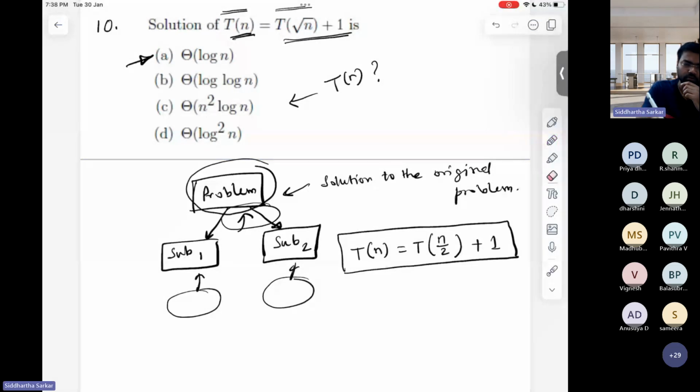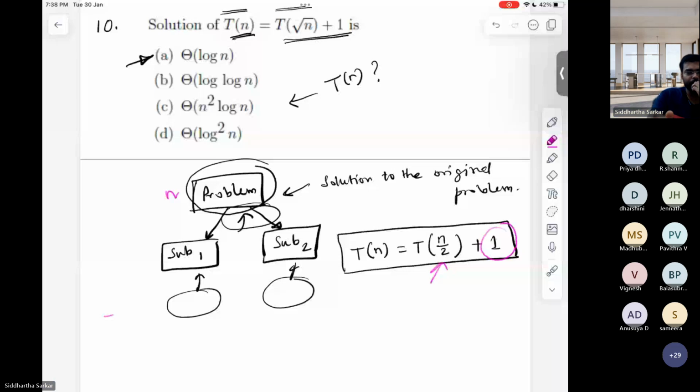What your algorithm managed to do is derive from this problem a smaller problem of size n by 2. So you had an n size problem, and you were able to derive a smaller problem out of it, and in the process, you have incurred a running time of 1.